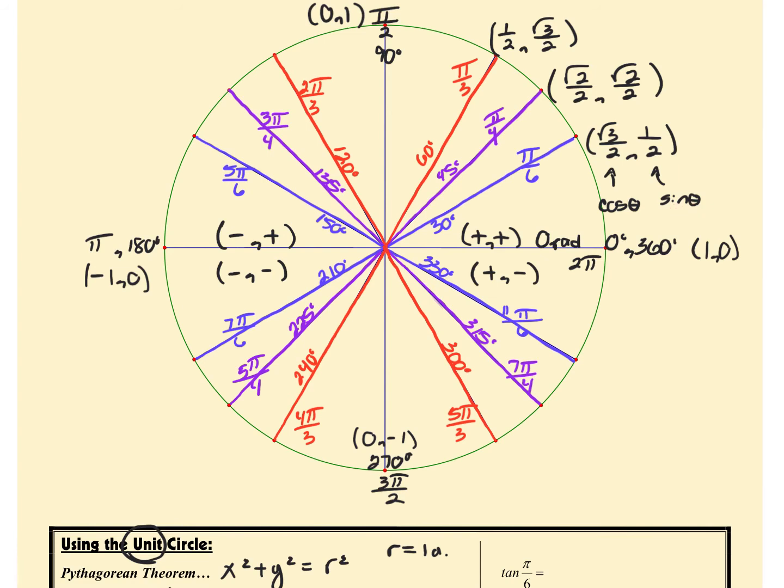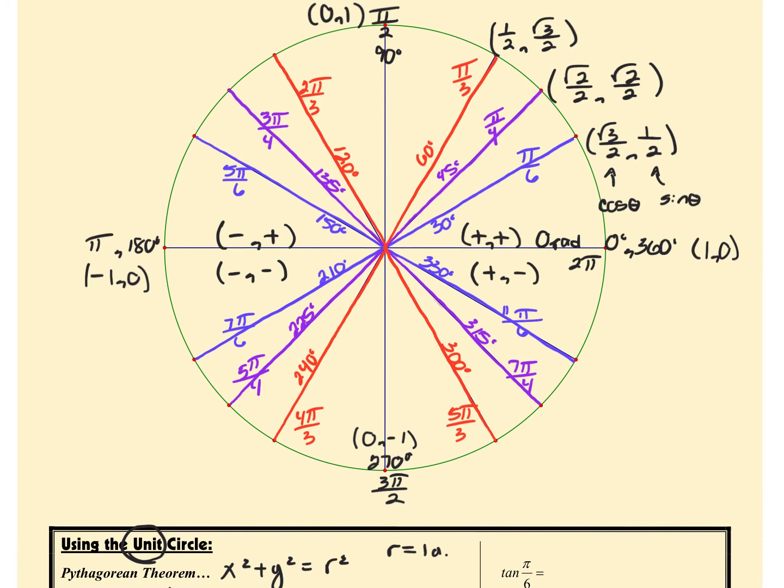Furthermore, sine 330 will also get you a negative, because sine will be positive here, become negative here and negative here, but the number itself stays the same in all four quadrants when the reference angle is the same. The same could be said for cosine theta, but of course we don't know radical 3 over 2.